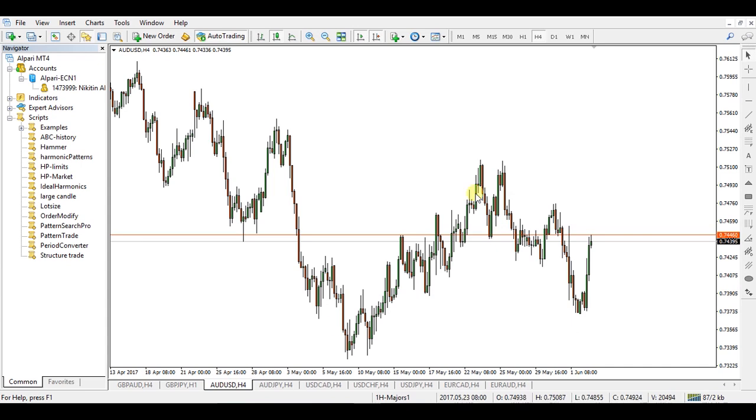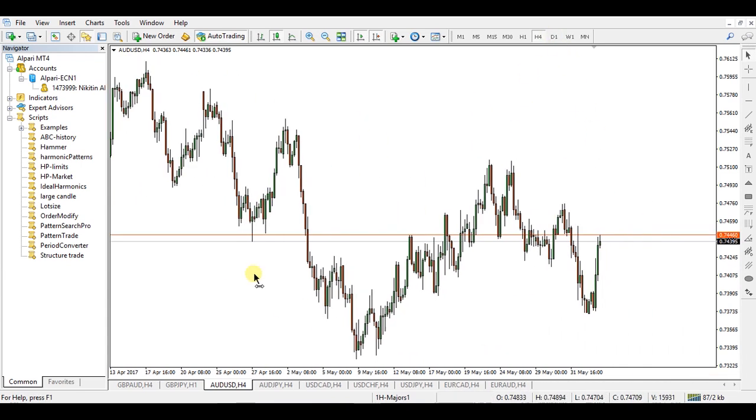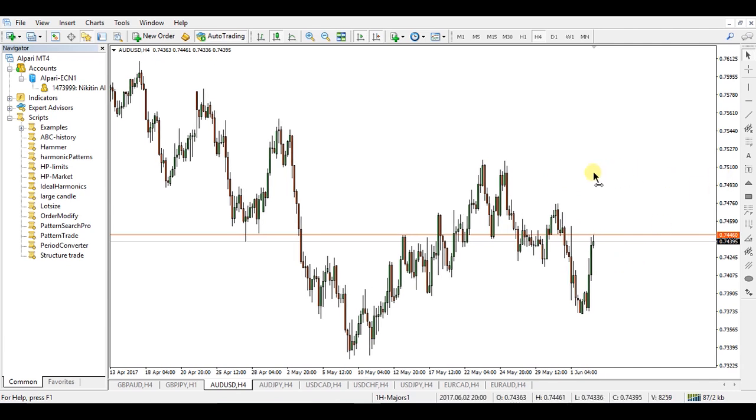Okay, so let's go Aussie dollar. Aussie dollar 4 hour. We had this downtrend, and then we started this uptrend. What do we have here? Do we have any opportunities to the downside? Well, yes, on 4 hour we have it this way: X to A to B, B to C, a shark pattern.